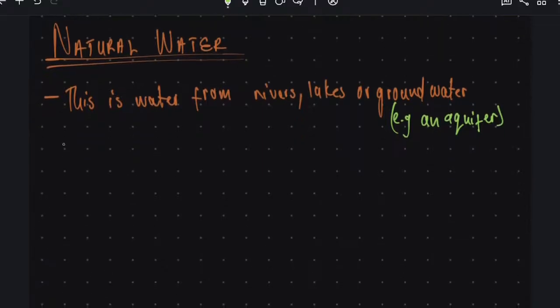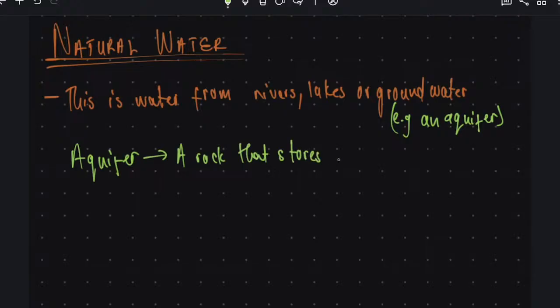If you want to know an aquifer, it is a rock that stores groundwater. This is an aquifer.